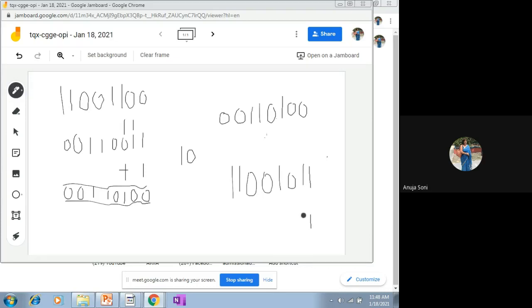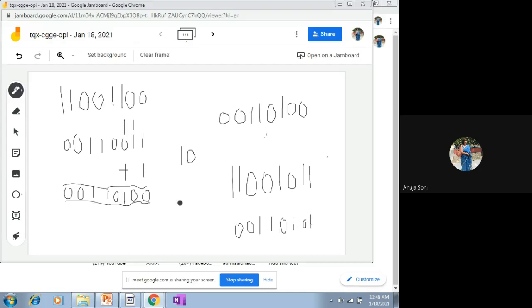So that means 1 will be replaced by 0, 0 will be replaced by 1, 1 will be replaced by 0, 0 will be replaced by 1, 0 will be replaced by 1, 1 will be replaced by 0, 1 will be replaced by 0, and this way we obtain the value of the 2's complement. So this is the 2's complement.